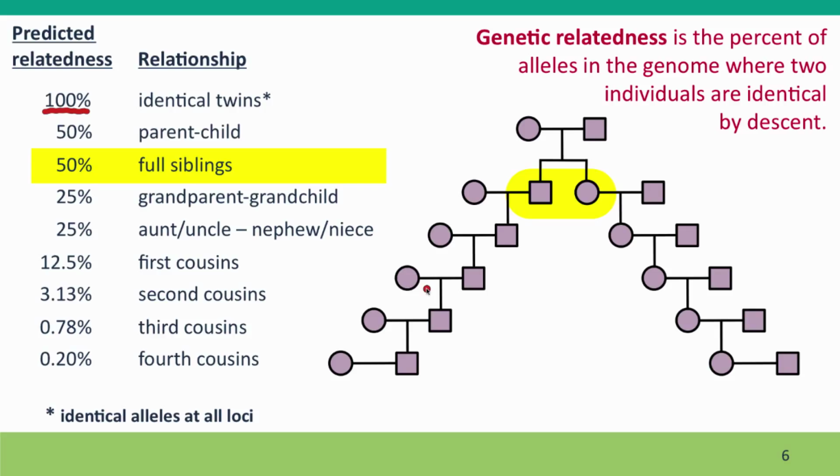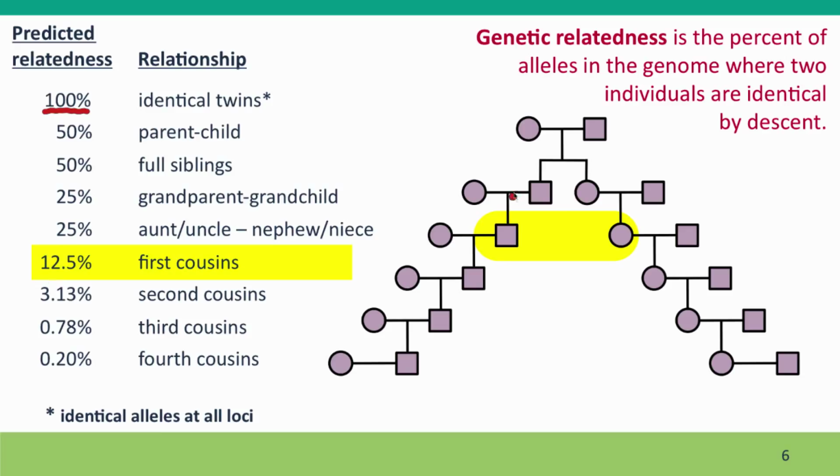If we compare grandparent to grandchild here, or aunt or uncle to niece or nephew, we expect to see 25% identity. And if we compare cousins, we expect to see about 12.5% identity.